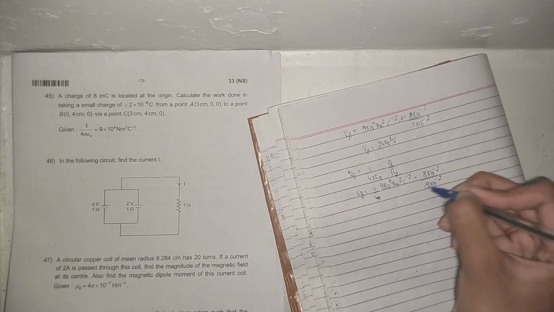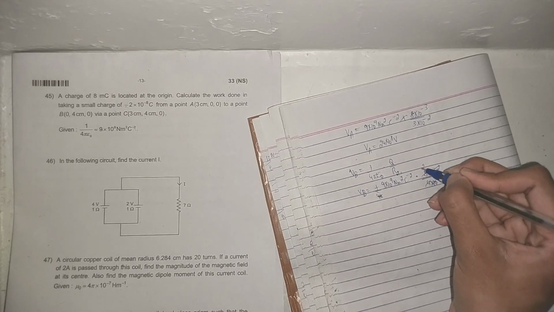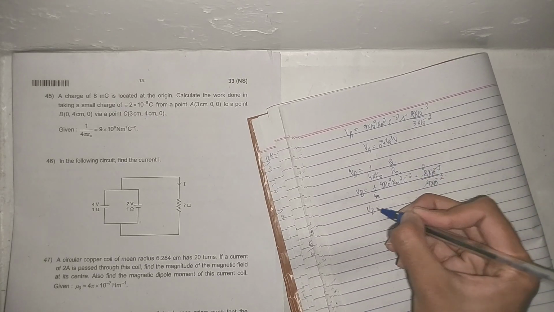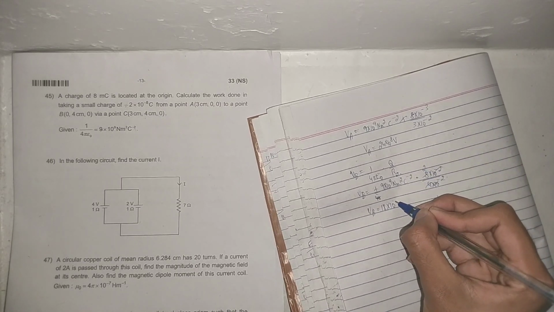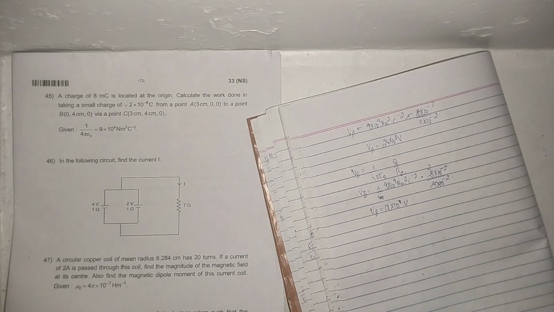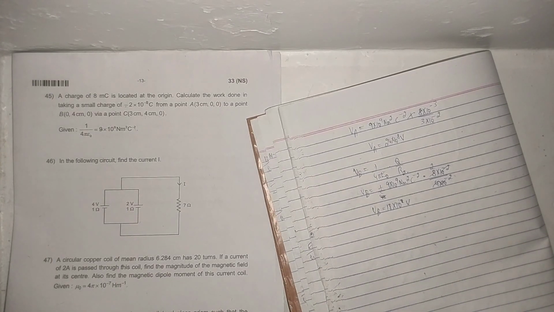So 9 into 2 is 18, VB is equal to 18 into 10 to the power 8 volt.